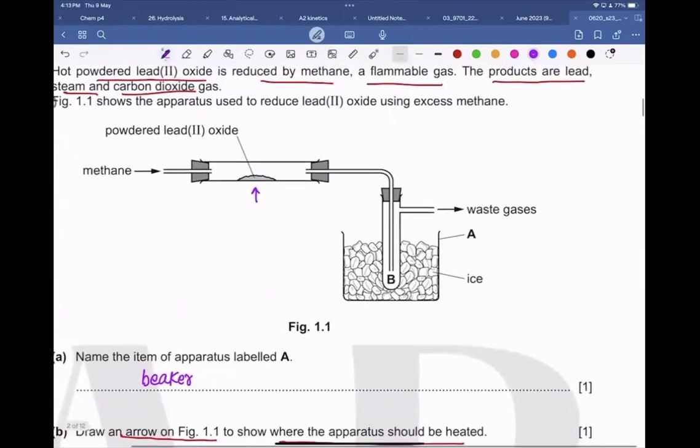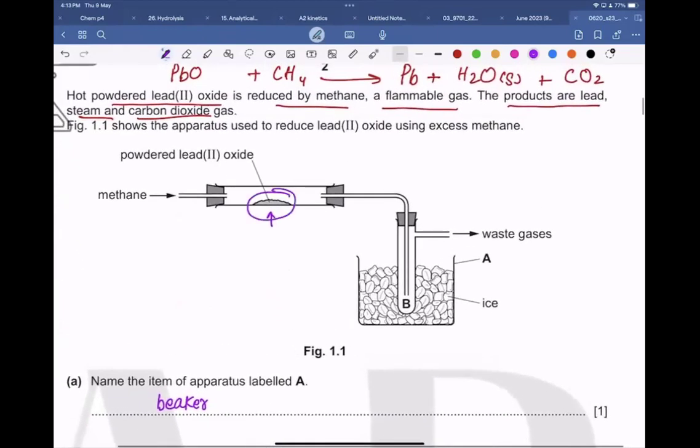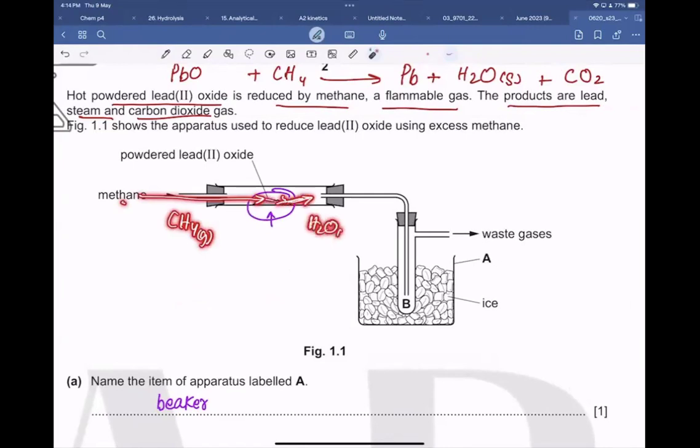Yes, the thing is that the lead oxide is solid over here, right? So when methane comes in contact, because methane is a gas, right? So on reaction from here, steam and carbon dioxide gas escape, and this is the lead oxide, which turns into lead metal over here in this region because it's a solid, so it doesn't move, okay?